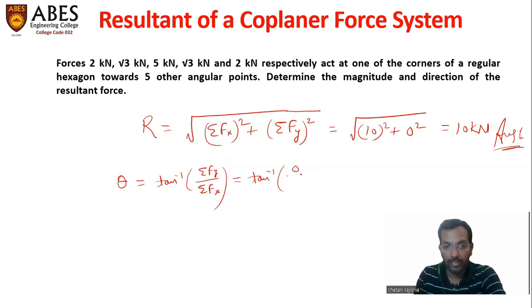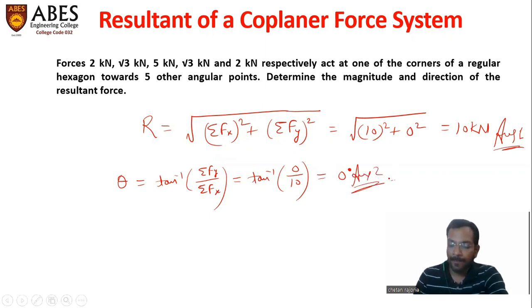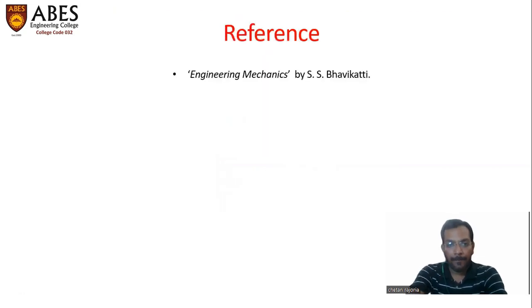Tan inverse of 0 upon 10, that is 0, and tan inverse 0 is 0. So the resultant is completely horizontal. It is acting at an angle of 0 degree, means along the x-axis. So these are our two answers. So this is the reference for this question.